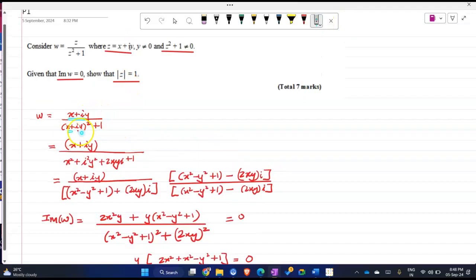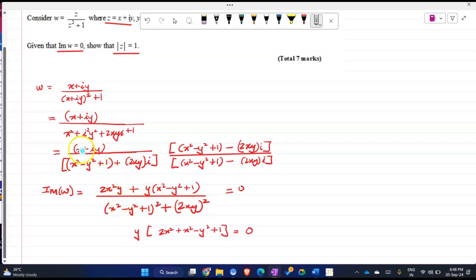So x plus iy square, x square minus y square plus 1 plus 1. So it should be minus i square. When you make your i, so your i square becomes minus 1, no? I square becomes minus 1. So basically your x will get multiplied by this, which will give you i, and y will get multiplied by this.